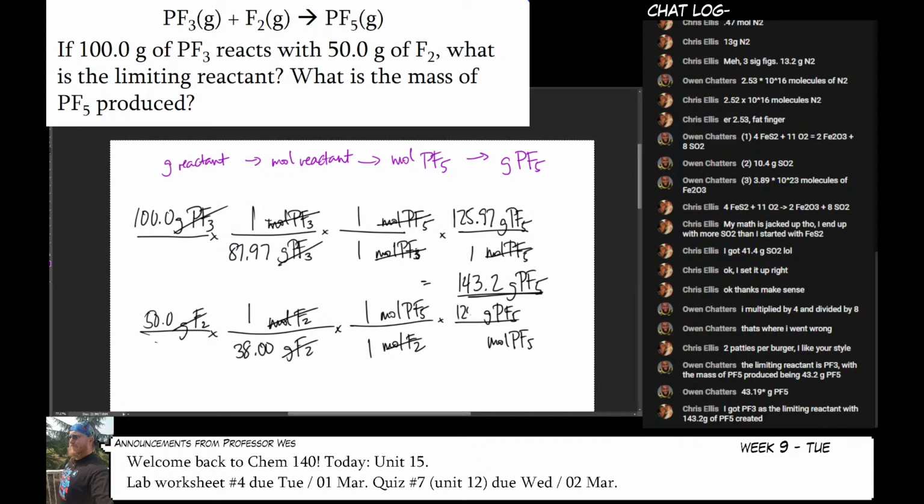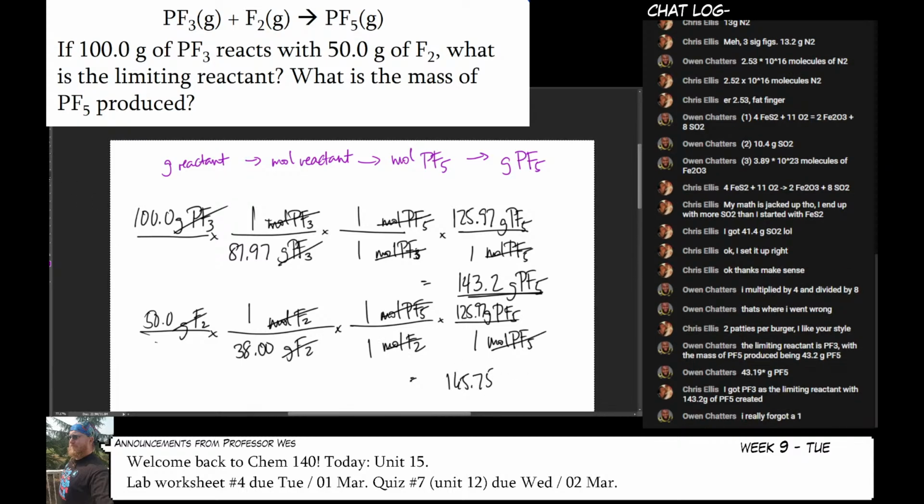And it's the same mass of PF5 per mole. So in this case, we get 50 times 125.97 over 38, and I get 165.75. Well, it should be 165.8, I guess. PF5.